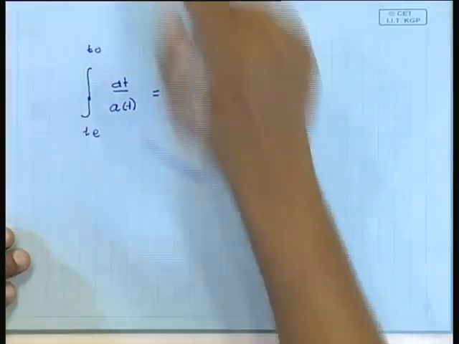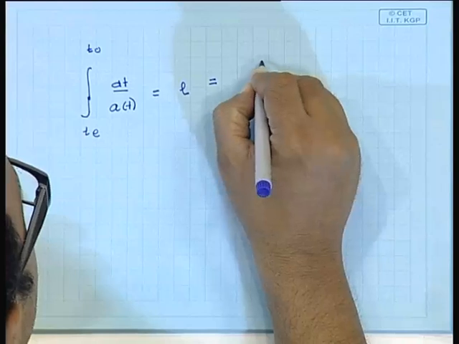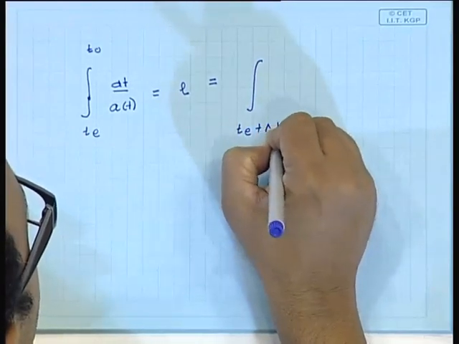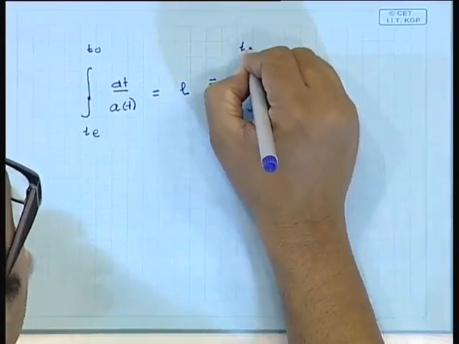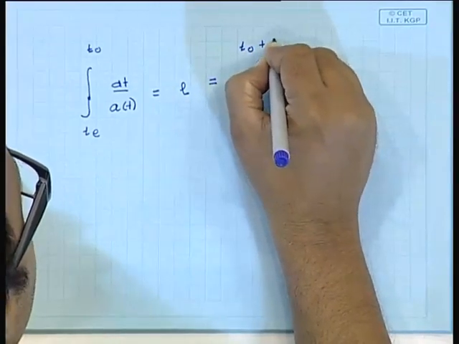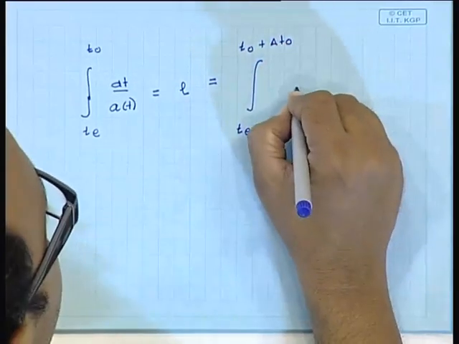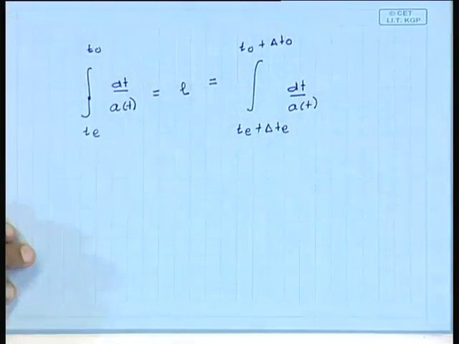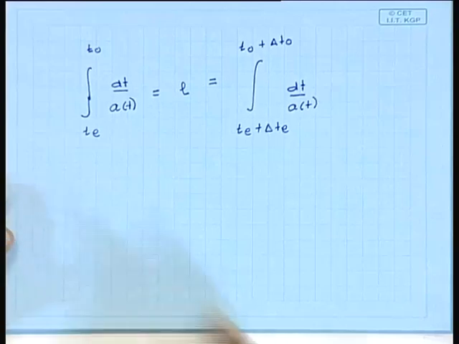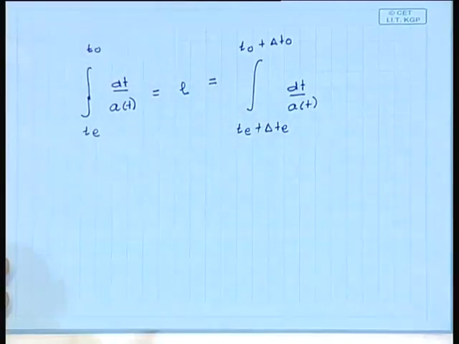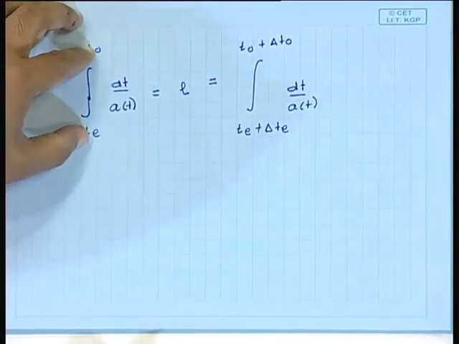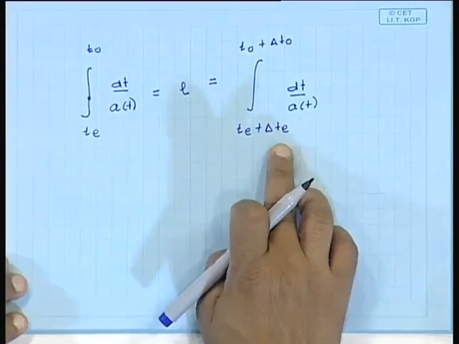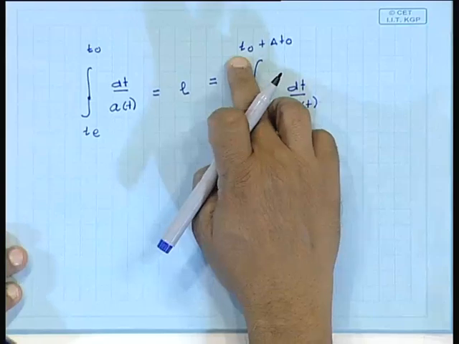So, this is also equal to the integral from T emitted plus delta T emitted to T observed plus delta T observed of dt by at, right. The co-moving distance between them does not change. So, for the first crest this holds, for the second crest this holds. The second crest was emitted at T emitted plus delta T emitted, it was observed at T observed plus delta T observed.